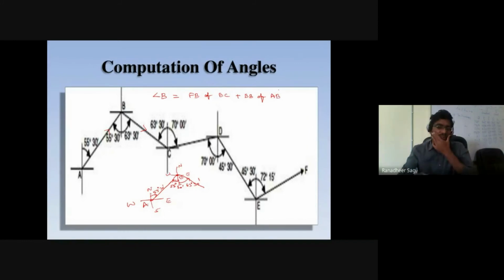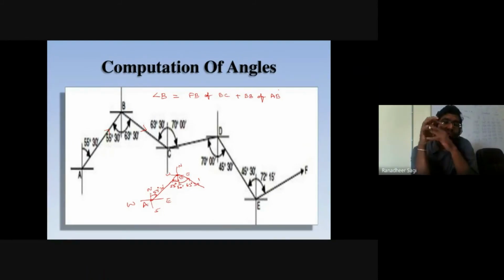Sir, earlier when you talked about the interior angle between two lines, you said it's the difference of either the forebearing and back bearing of those two lines, or the back bearing of one line and the forebearing of the other. But here you are trying to add. Why? That statement we made was applicable for the whole circle bearing system.